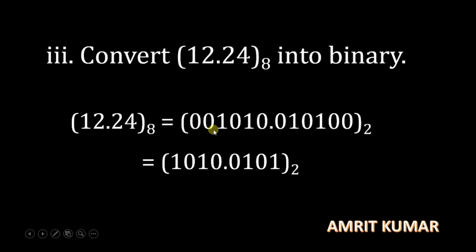So overall if we add these three things, we get 1. So these 3 bits are representing a digit, that is 1 here.